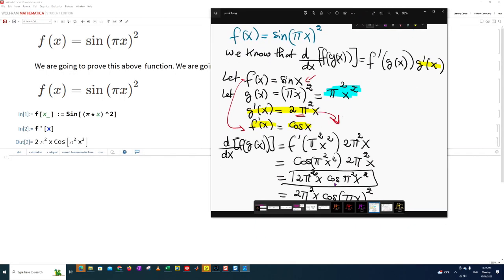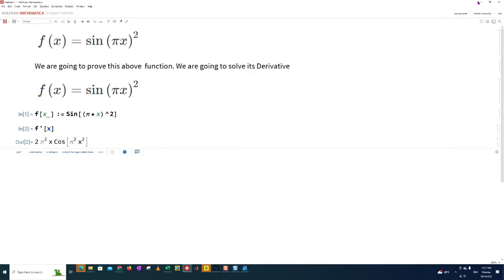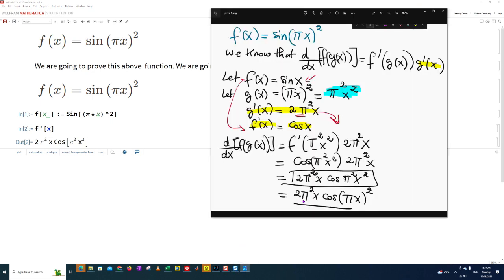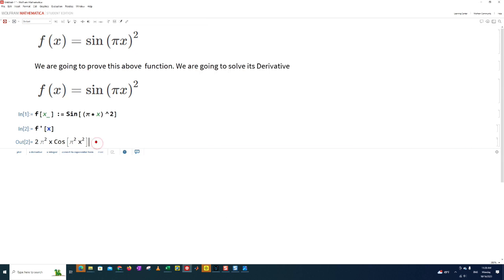And if you look here, the final result was 2 times pi squared times x cosine of pi x squared, which is the same as saying 2 pi x cosine of pi times x squared, which is the same thing as this result right here. So this is the first one that we solved.